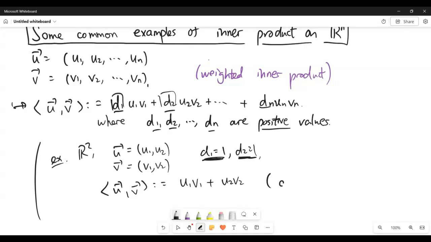And this is exactly the same as our dot product. So you see what I mean. It means the dot product is now a special example of this definition of inner product. If you change these values, it will not be the dot product anymore, but still it will give us what we need, which is an inner product on a vector space to make it an inner product space.